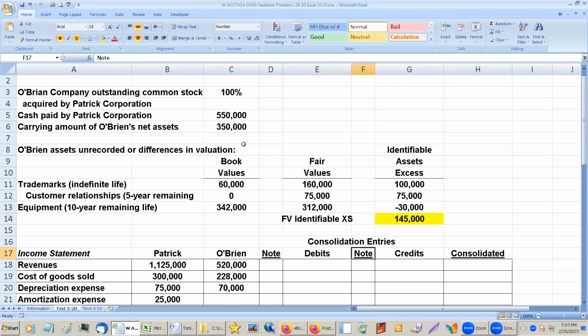Yes. Excellent. You'll notice that the total amount that we paid over the book value was 200,000.